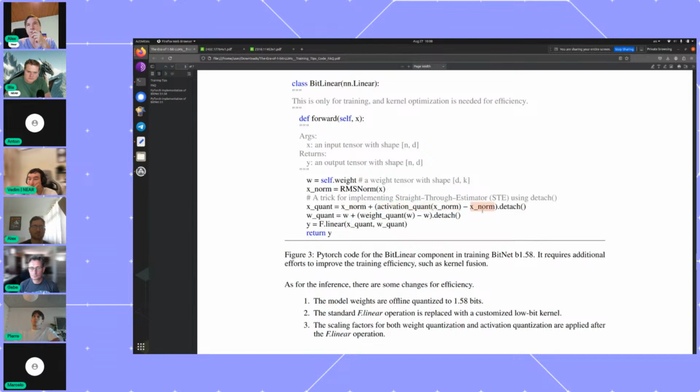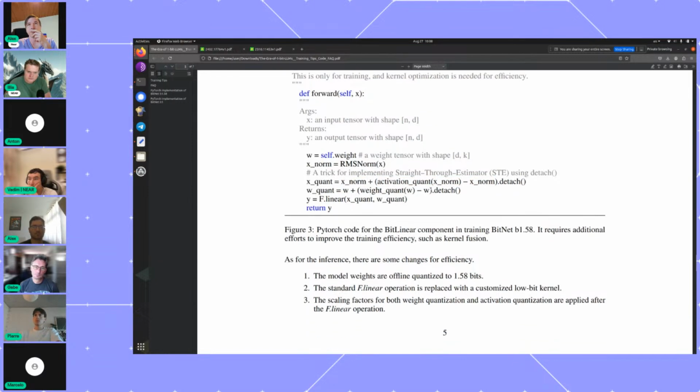These two things cancel out. Then we multiply, then the same hack, you see, there's W minus W that cancel out, and there's a weight quantization, right? So X quantized is a quantized input, W quantized is a quantized weight, and then they compute the output as a product of quantized X and quantized W.